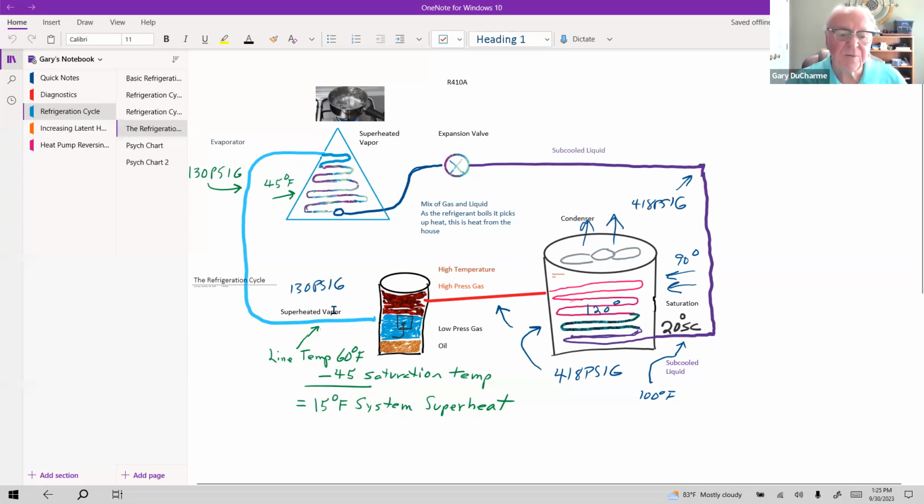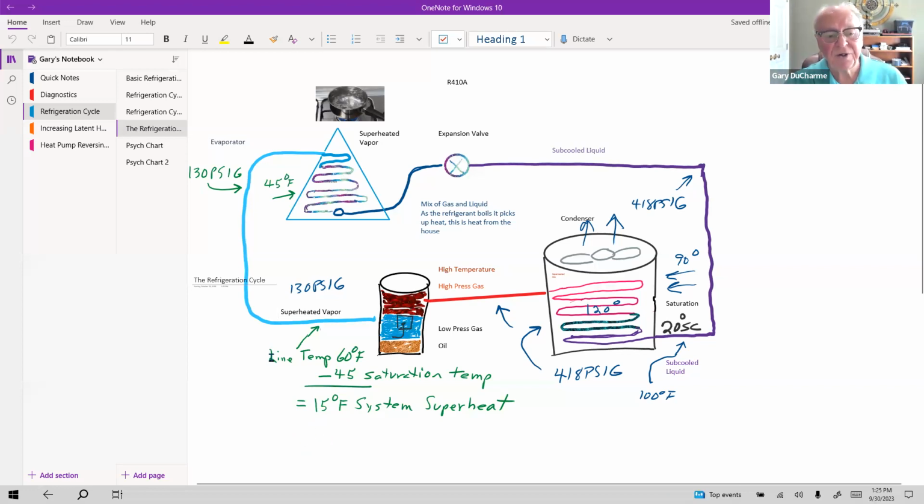So if we take a measurement just before we go into the compressor, and we're measuring a line temperature here of 60 degrees, which is typical, and we subtract the 45-degree saturation temperature from that 60-degree temperature, then we get an answer of 15 degrees. So what we would say is that this refrigerant is superheated by 15 degrees.